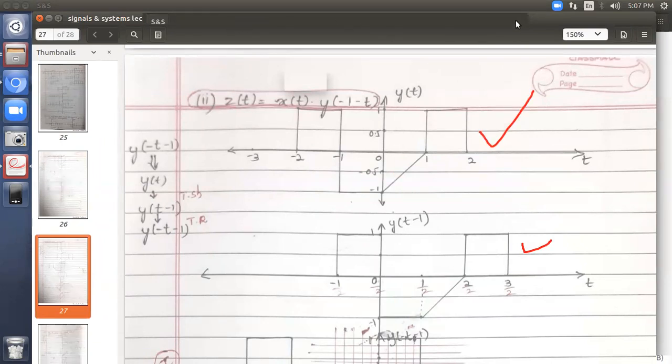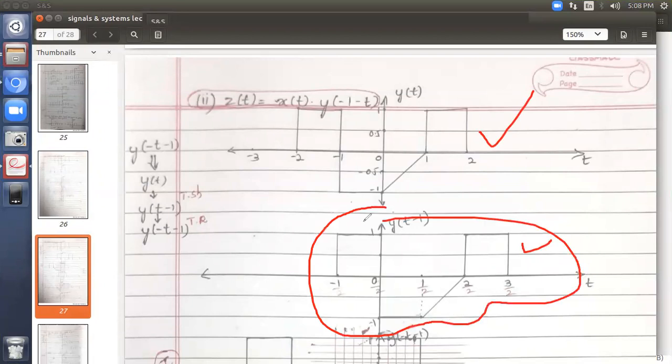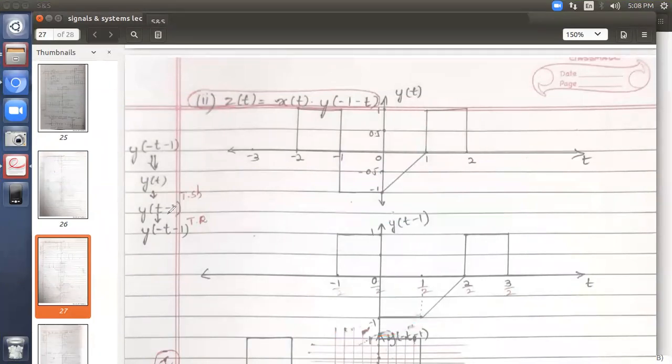Okay, sorry. This shifting, I hope you understood. It is simple. Only one shift is there: completely shift the signal by one amount to the right side. Then after shifting, I have to go for a time reversal. I have to take the mirror image of the signal.